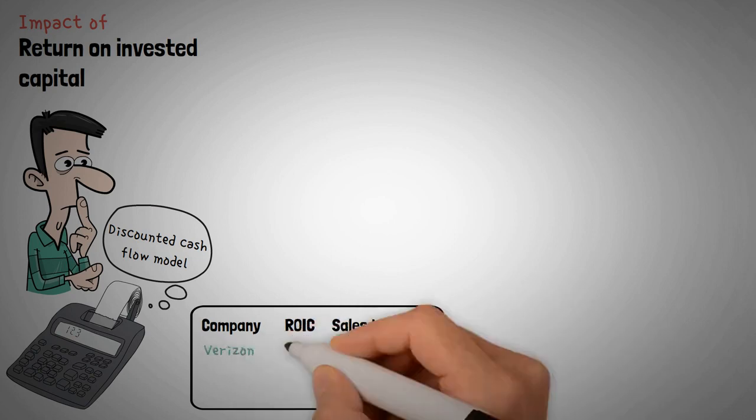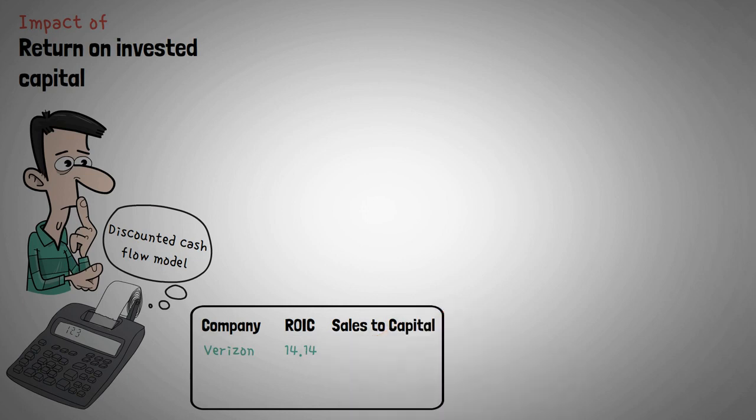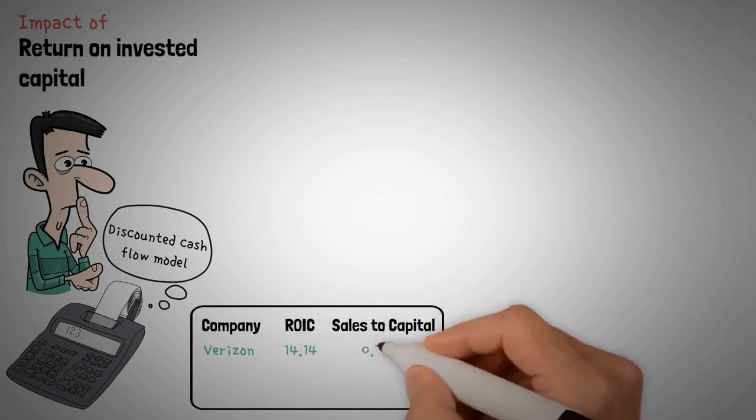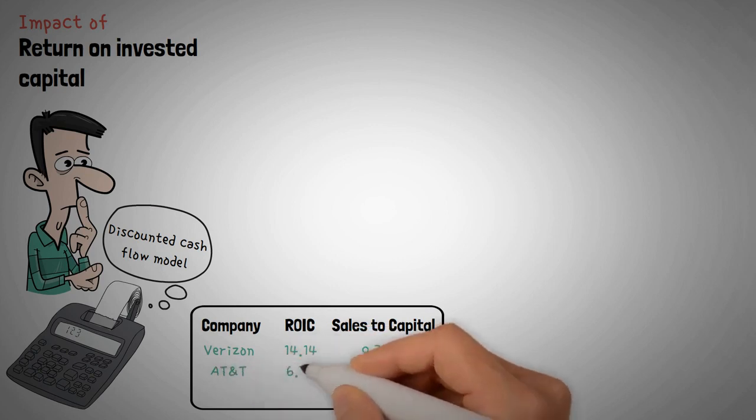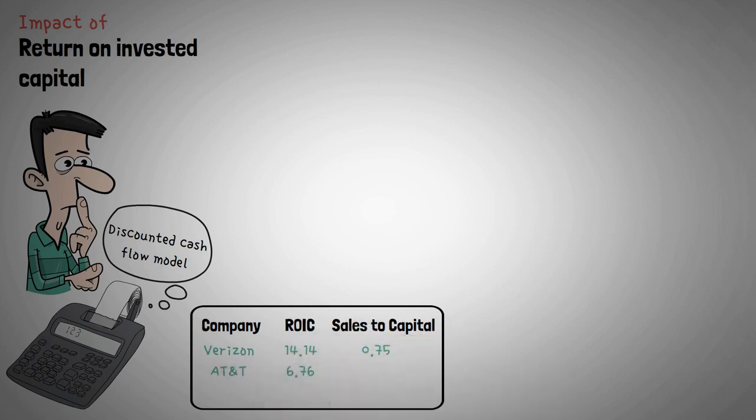Verizon with an ROIC of 14.14, sales to capital 0.75. AT&T with an ROIC of 6.76, sales to capital 0.52. T-Mobile, ROIC of 3.80, sales to capital 0.45.